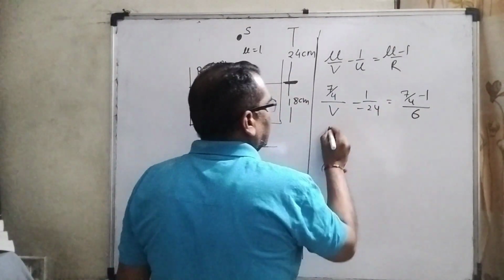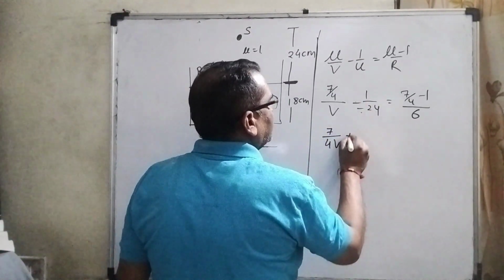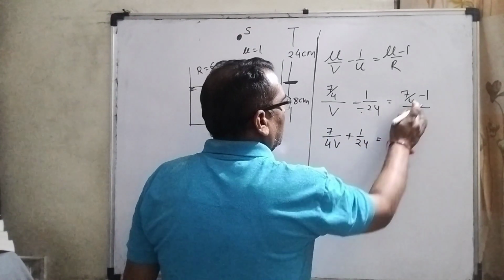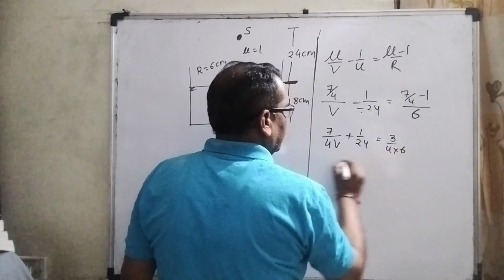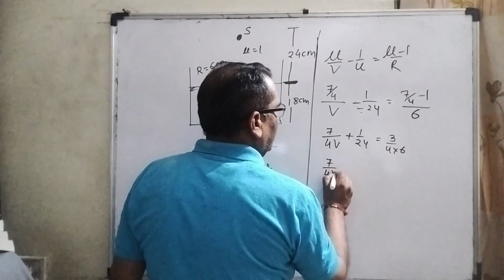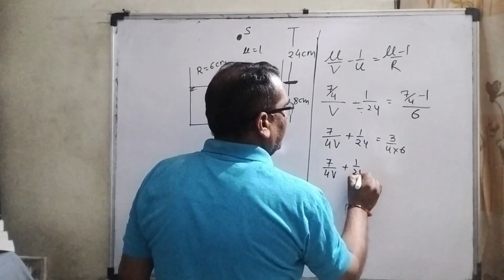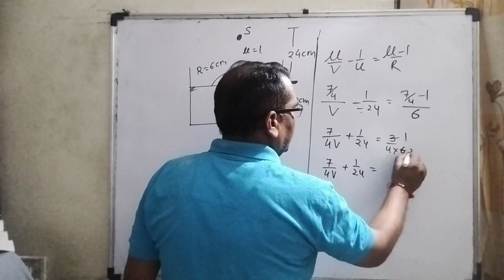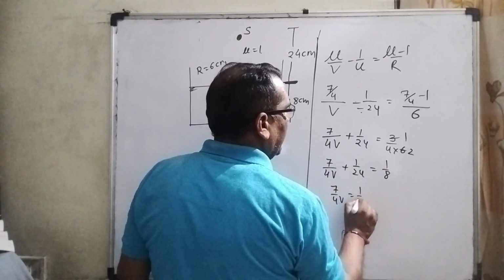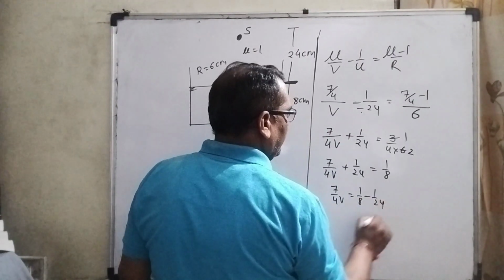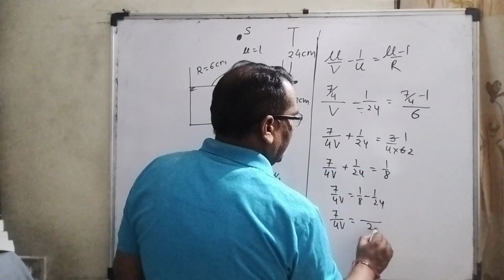Substitute this value 6. Then 7 by 4v plus 1 by 24 equals 3 by 4 into 6. 4 ones are 4. 7 by 4v plus 1 by 24, 3 ones are 3, 3 twos are 6, 1 by 8. So 7 by 4v equals 1 by 8 minus 1 by 24. Taking LCM 24.